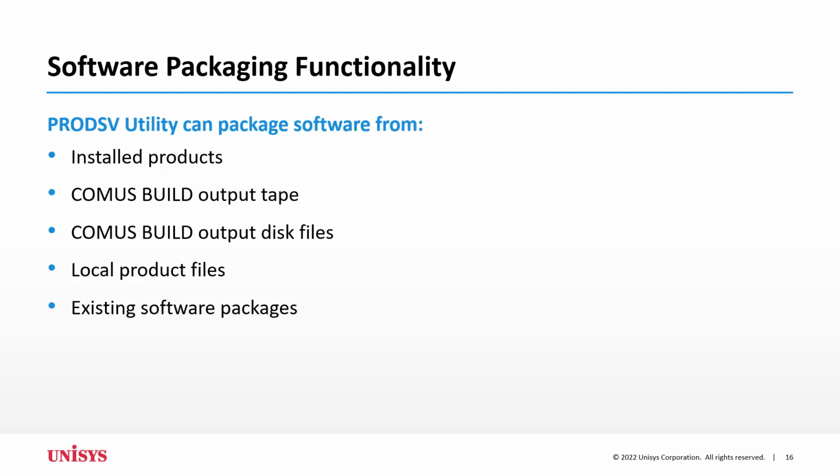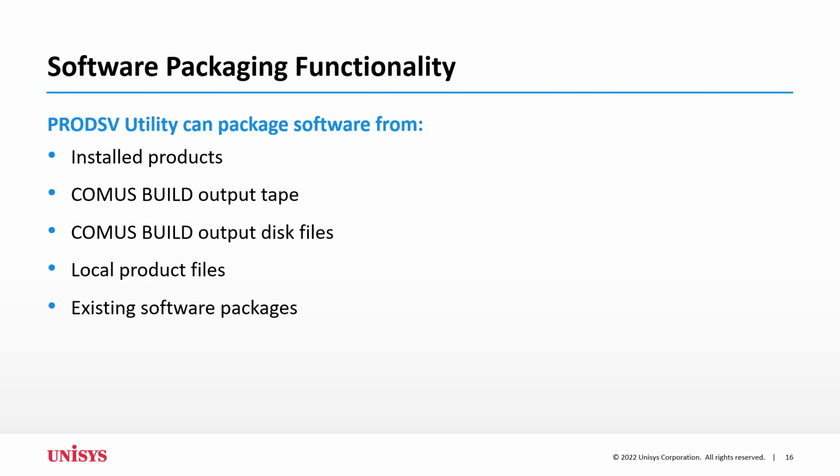Software packaging functionality provided by the ProdSave utility, previously only available with the separately orderable Solar E product, is now included in Solar. Solar E is discontinued beginning with ClearPath OS 2200 release 20.0. The ProdSave utility can create software packages from many different sources: installed products, Comus build output tape or disk files, local product files, and existing package tapes.